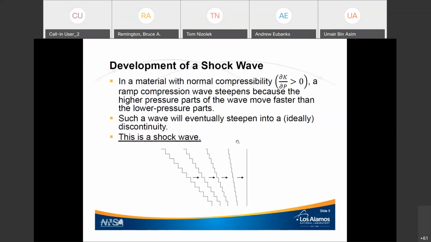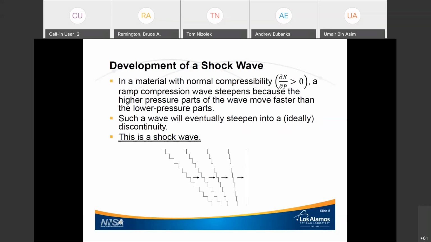And last week, I talked about the development of a shock wave. Basically, if a material has normal compressibility, which means that the pressure derivative of the bulk modulus is greater than 0. And when I talk about bulk modulus, unless I state otherwise, it's going to be isentropic bulk modulus.